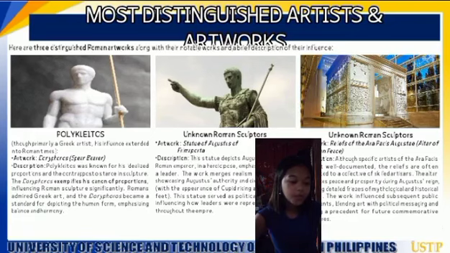The altar celebrates peace and prosperity during Augustus' reign, featuring detailed friezes of mythological and historical scenes. The artwork influenced subsequent public monuments, blending art with political messaging and setting a precedent for future commemorative structures.